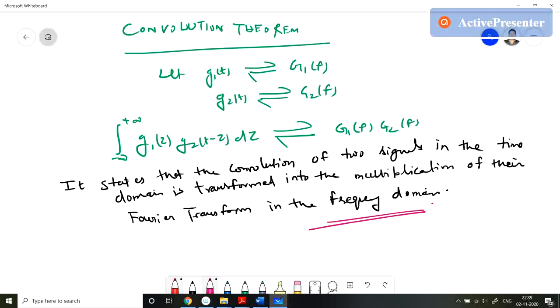But in the convolution theorem, the convolution of two signals in the time domain is equal to the multiplication of their Fourier transforms in the frequency domain. We have used this application during the analysis of our discrete and continuous time LTI systems.